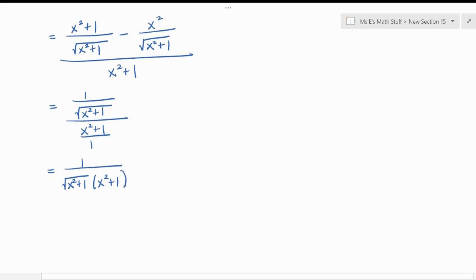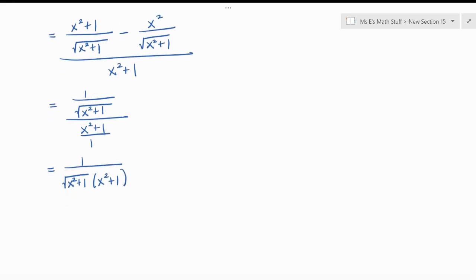And they could have written it like that as the final answer, but they could also rewrite that denominator as like x squared plus 1 to the 3/2. Since you have a 1/2 power multiplied by something to the power of 1, the same base, you could just add the exponents there.